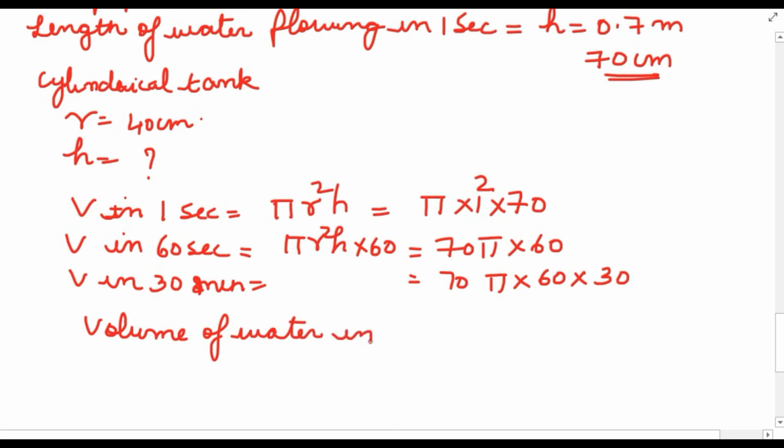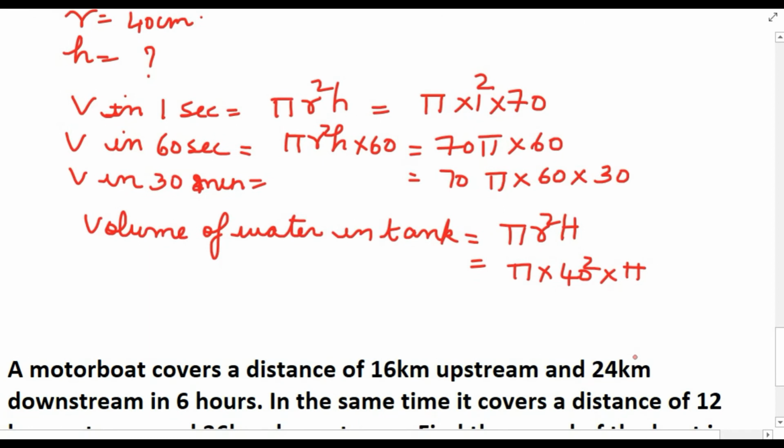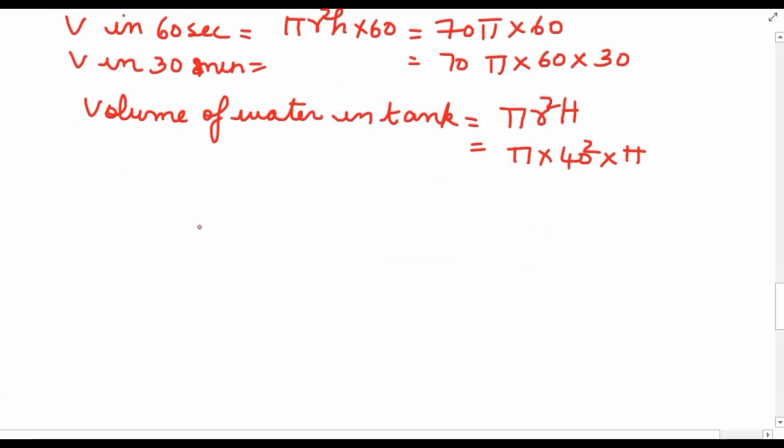The volume of water in the tank will be pi r square, capital letter H I am going to write, which is equal to pi into 40 square into capital H. We need to find capital H. So I am going to equate the volume of water flowing through the pipe in 30 minutes to the volume of water falling in the tank.